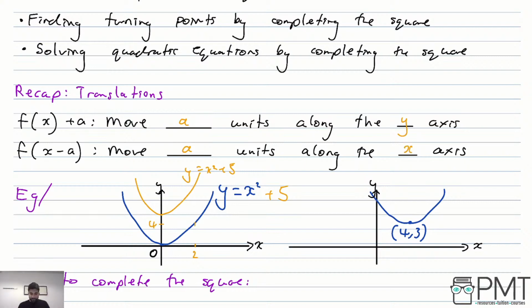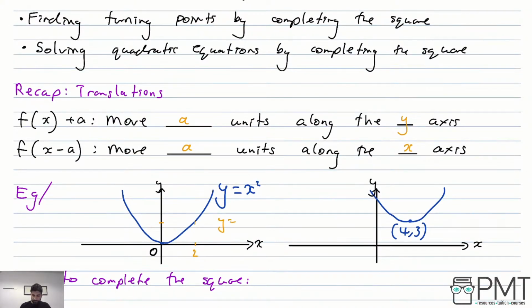So the example here, let me clear this up. Suppose we have got y equals x minus 3 squared, then that's going to move to the right, and you have got this point being 3. You have moved 3 units to the right.